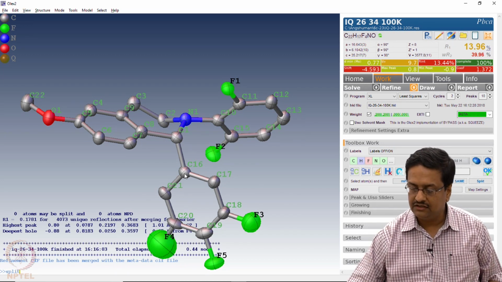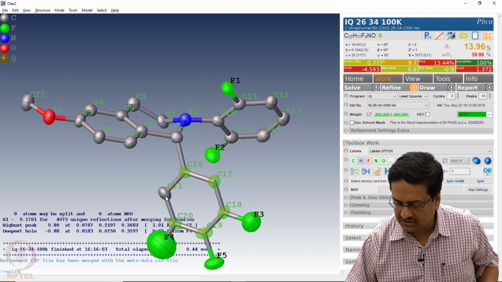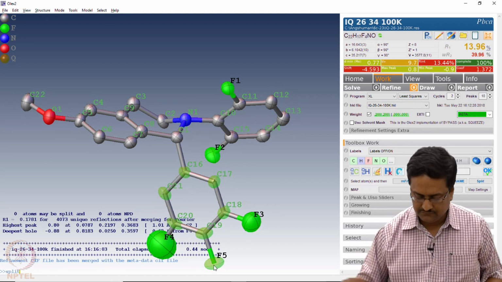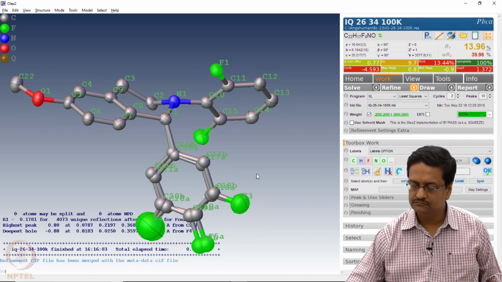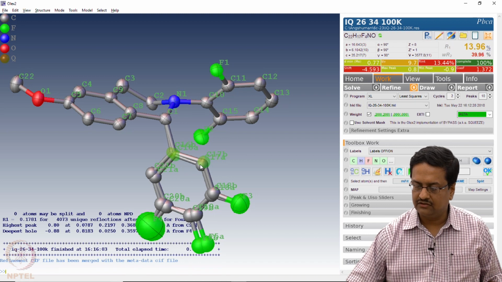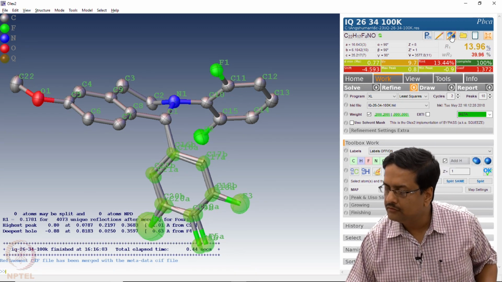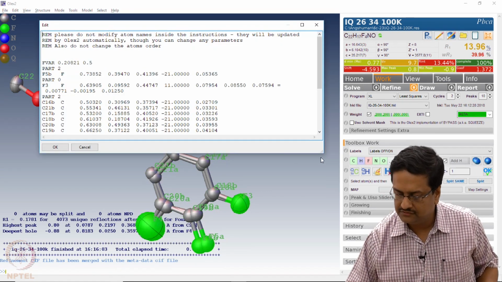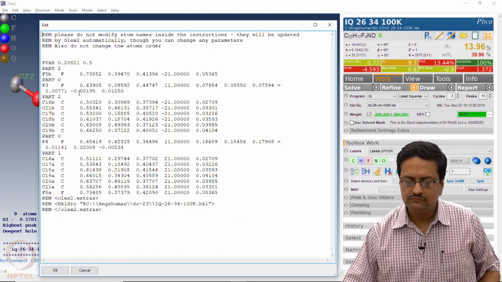So we will split these carbons 16, 17, 18, 19, 20, 21 and the fluorine as a set of 2, and then select all these fragments along with the fluorines and rewrite the atom table.